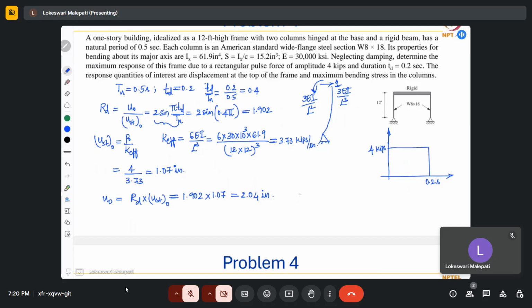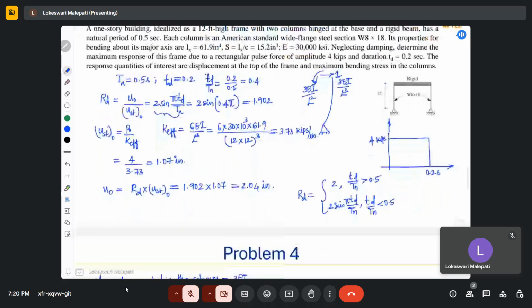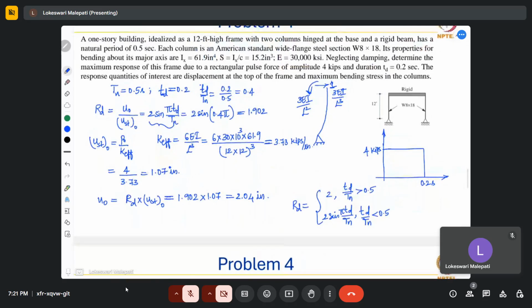RD is equal to 2 when TD by Tn is greater than 0.5, and 2 sine of pi TD by Tn when TD by Tn is less than 0.5. So this is the reason why we have used this expression.